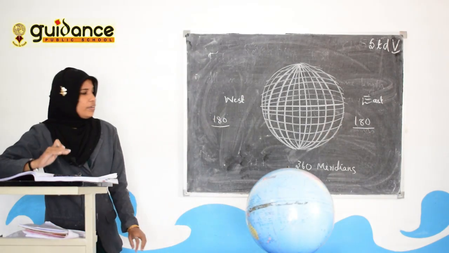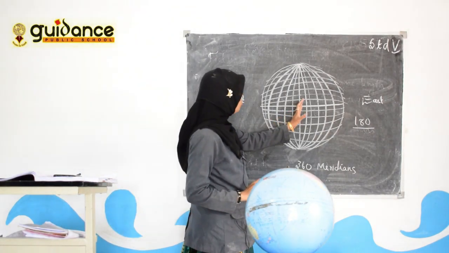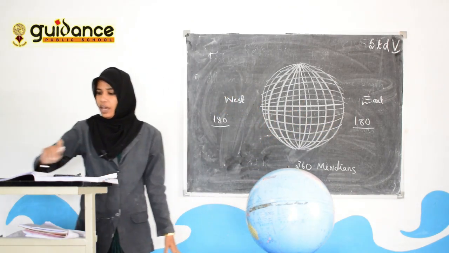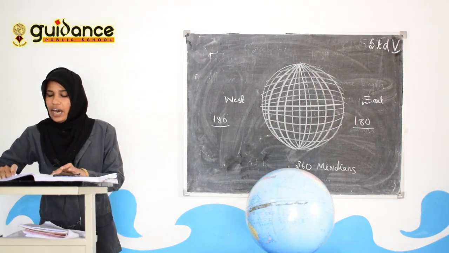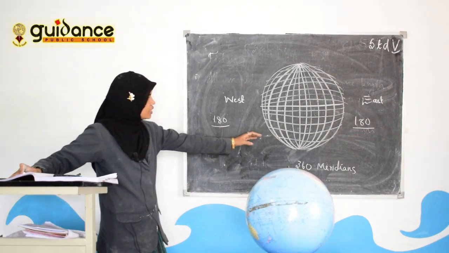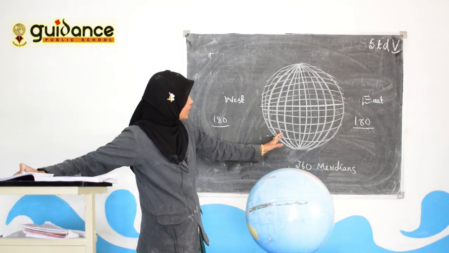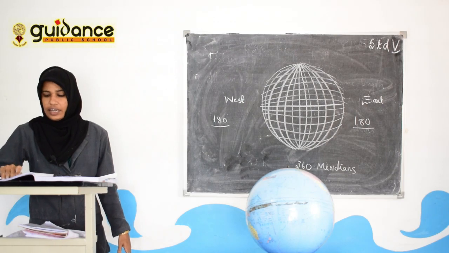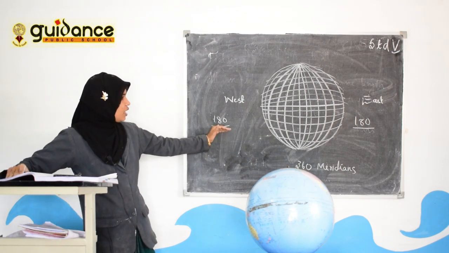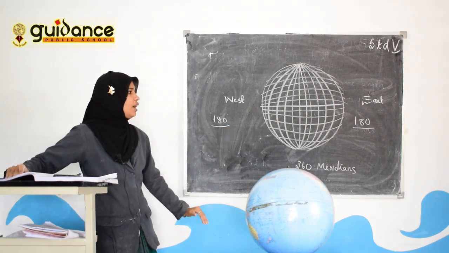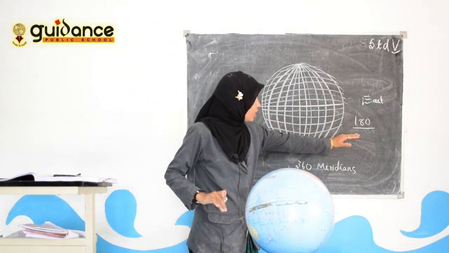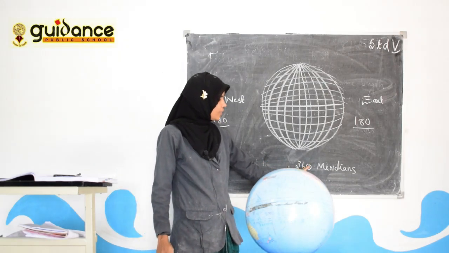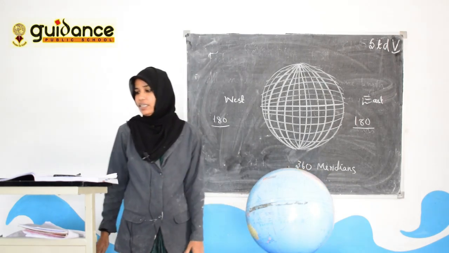If we move away from the prime meridian to the east or the west, we reach halfway around the earth. That is 180 degrees. Thus, there are 180 meridians in the west of the prime meridian and 180 meridians in the east of the prime meridian. So, total 360 meridians are there.